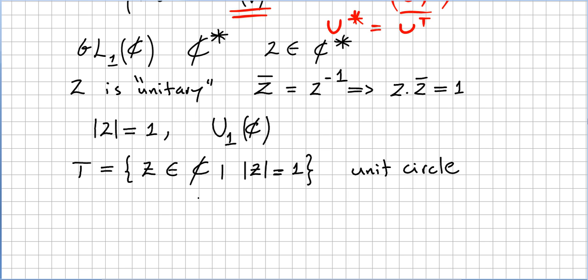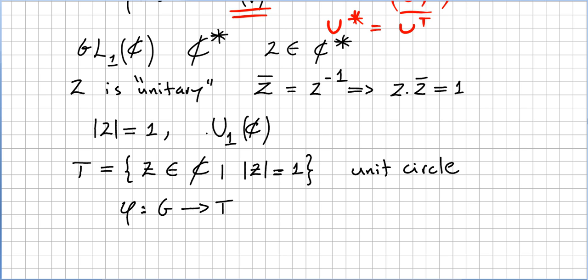So this is, at the end of the day, a one-dimensional unitary representation. Let us say this phi is taking from G to the unit circle.